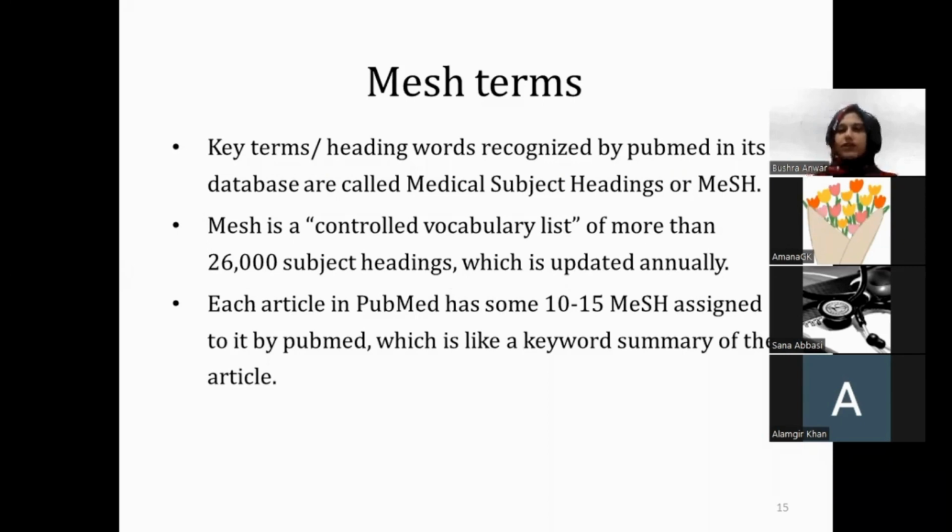For every article, they recognize some 10 to 15 MeSH words, and if the words are already in the database, it matches to those. Annually PubMed revises this list, and there are somewhere around 26,000 subject headings in the MeSH database.